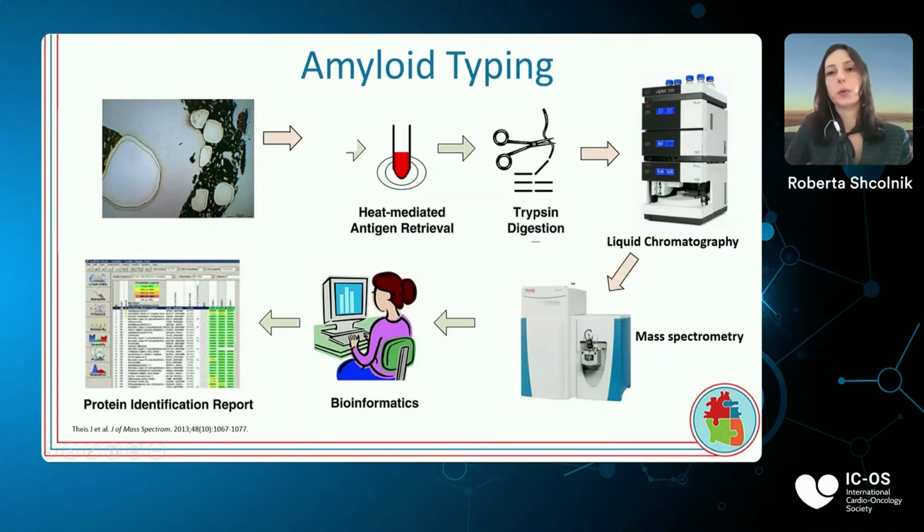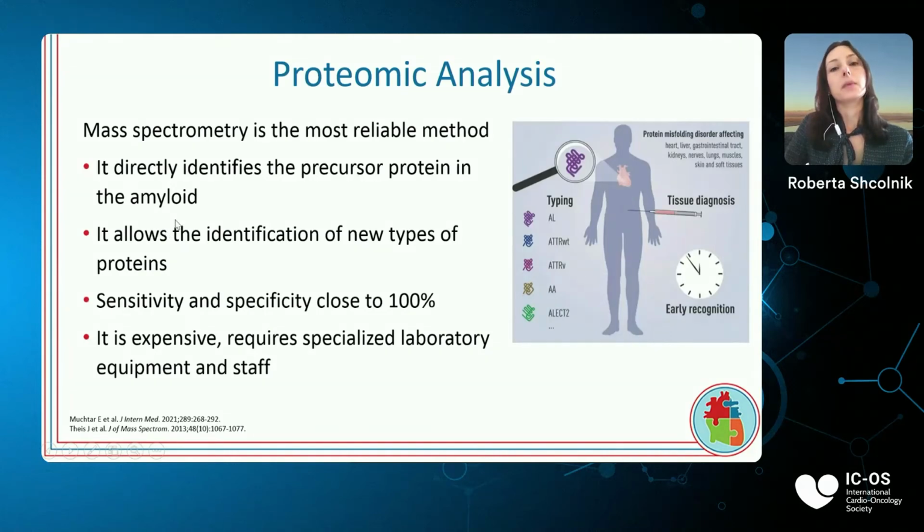It passes through a separation process in liquid chromatography and then goes to the mass spectrometry analysis. Combined with bioinformatics, we obtain the final list of the main proteins that compose that amyloid material. In this way, we can correctly identify the precursor protein, and thus mass spectrometry is the most reliable method in making the specific, etiologic diagnosis of amyloidosis.